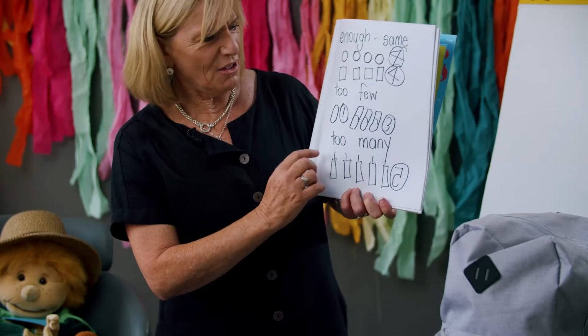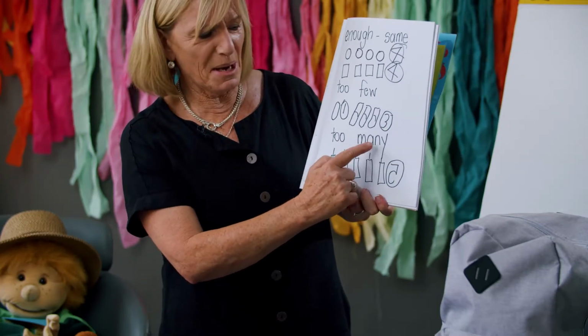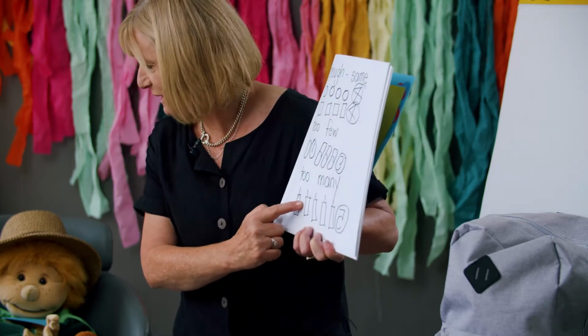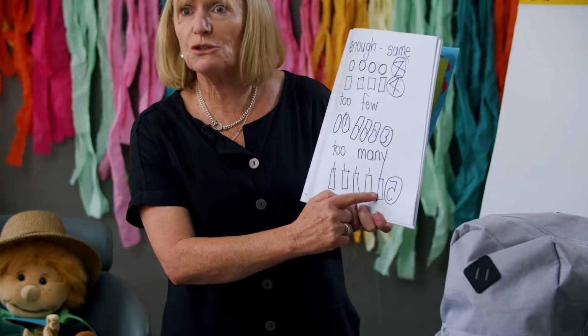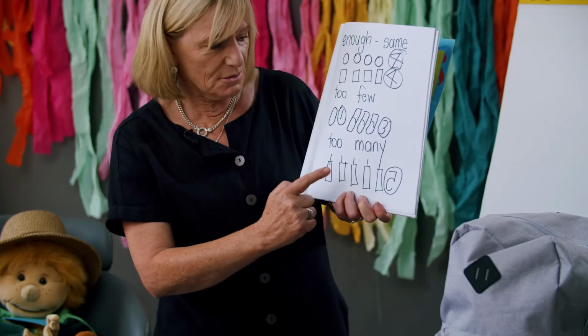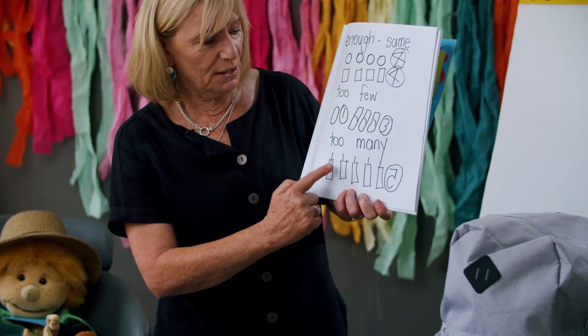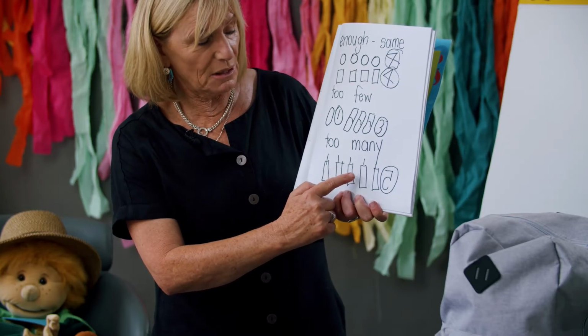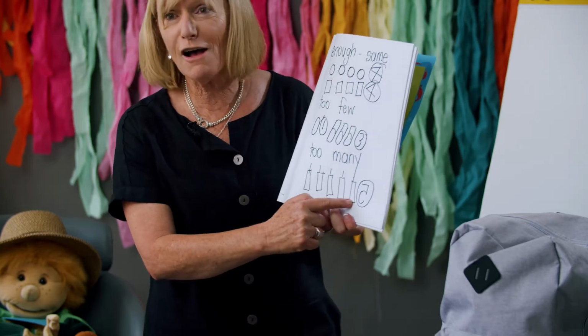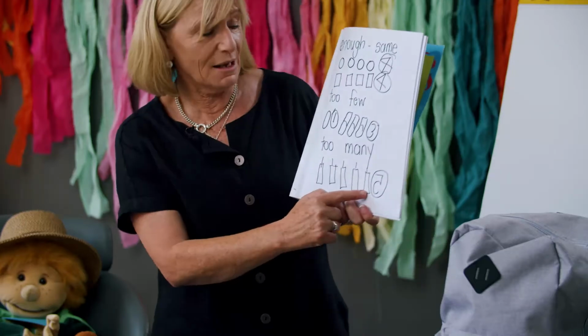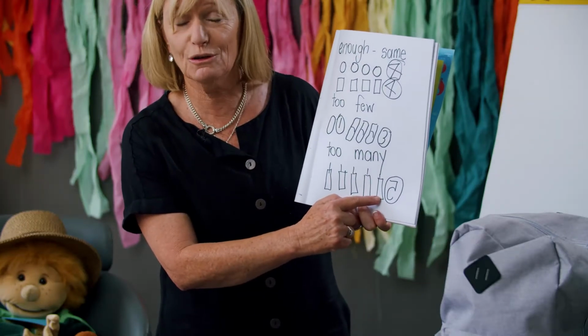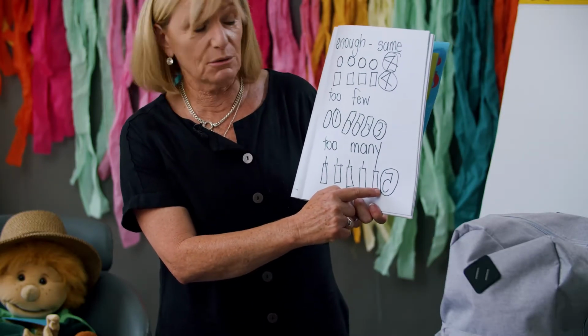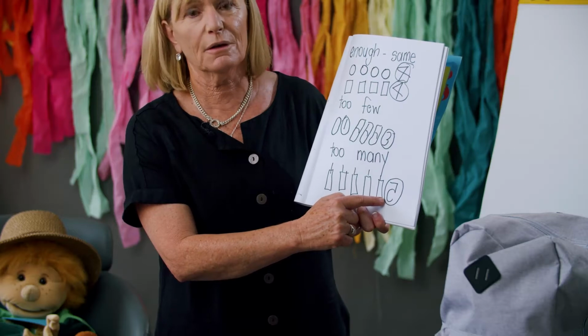But remember, there were too many. What a great drawing, Carlo. There were too many birthday candles. Help me count. 1, 2, 3, 4, 5. And I can see Carlo's had a great go at trying to record the number 5.